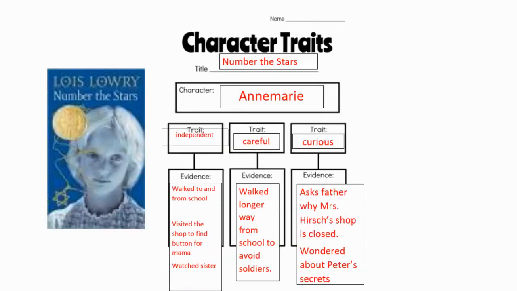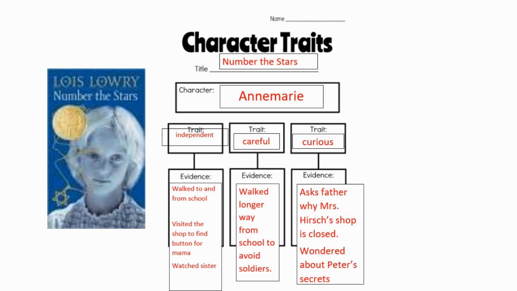Now, hopefully you've had a chance to listen to Mrs. Wilgenbush's read aloud of chapter 3 for this story. We have a main character from the book Number the Stars, and her name is Anne Marie. Some character traits you might have been thinking about while you're listening to the story are she's very independent.